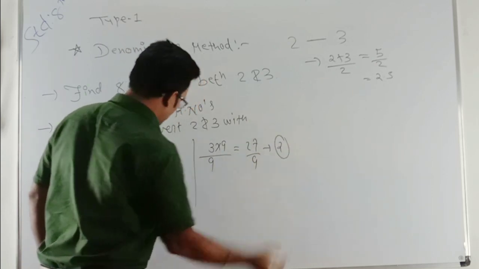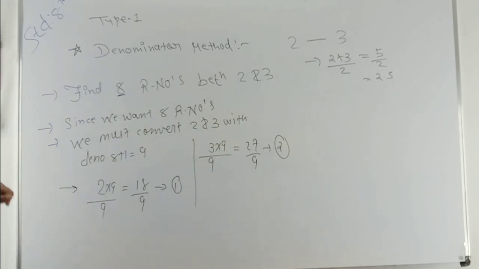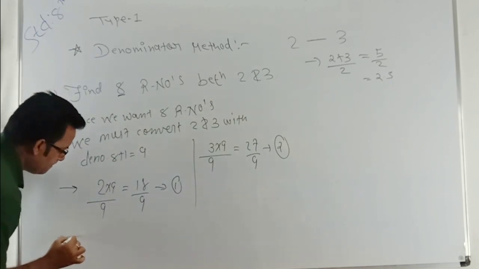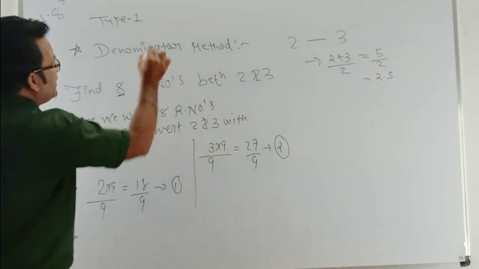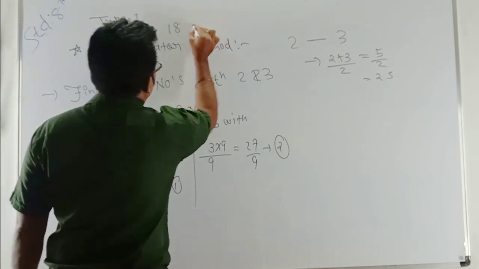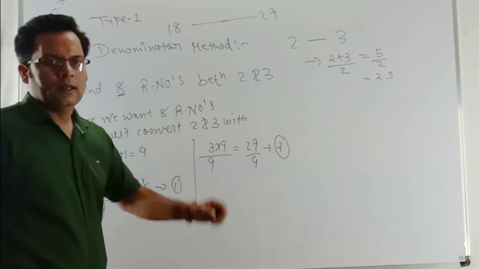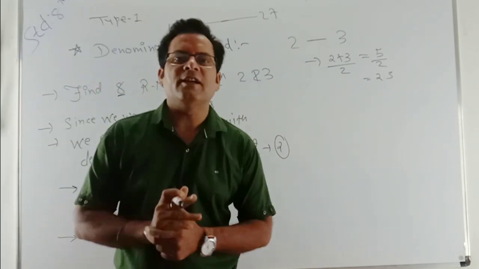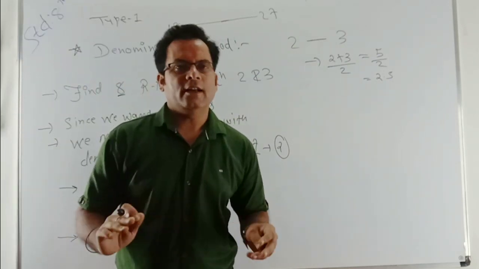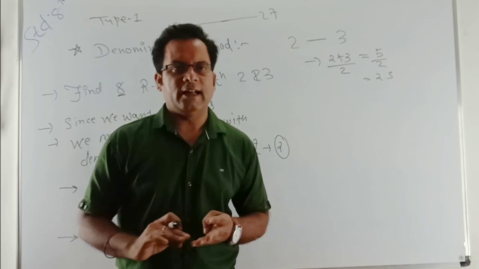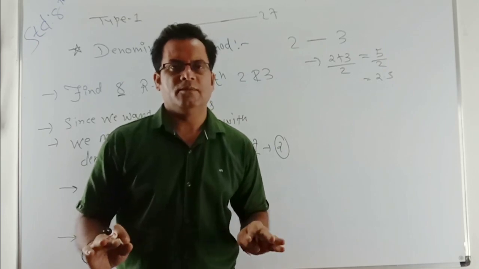Fraction number 2. Now you see 18 and 27, your gap is increased. Between 18 and 27, definitely you can give your 8 rational numbers: 19, 20, 21, so on.